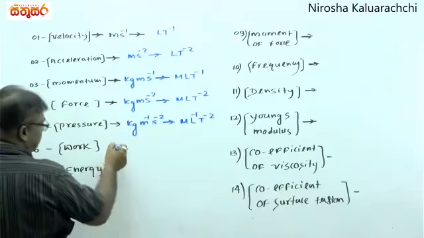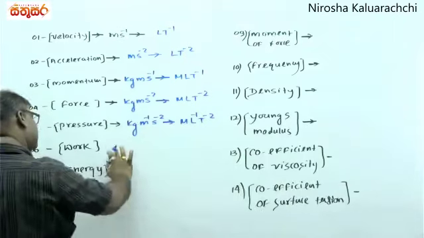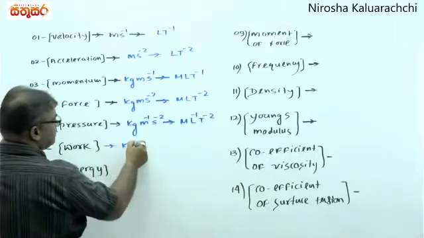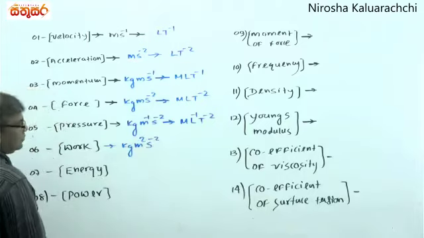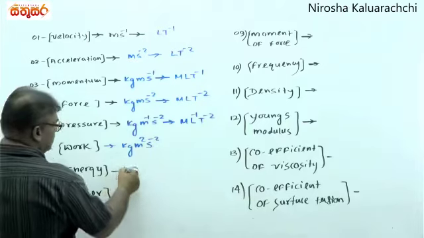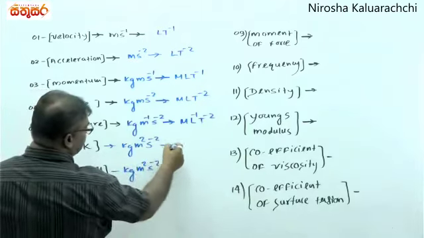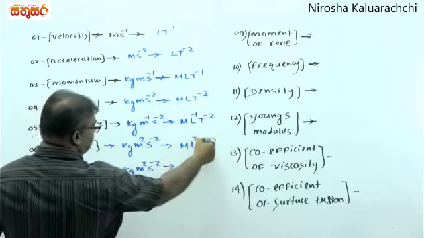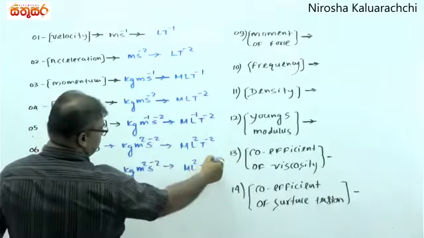Work and energy are both the same, no? Separately, it's better to write. Kg m squared s minus 2, kg m squared s minus 2. Dimension: M L squared T minus 2, M L squared T minus 2.